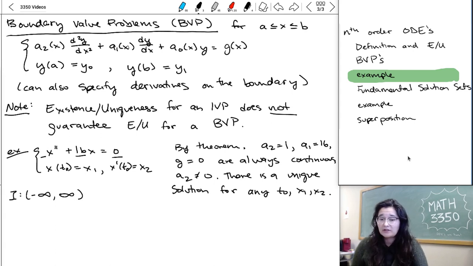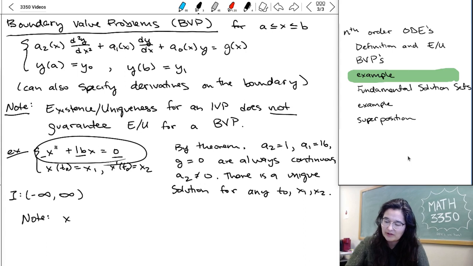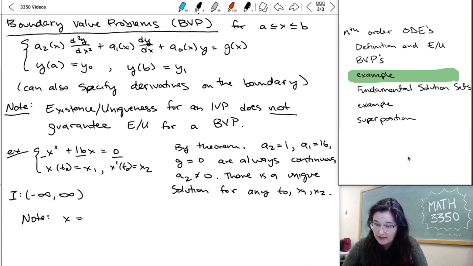But if we go ahead and change this just a little bit, we'll start to see that boundary value problems don't follow those same rules. And I just need to note real quick that the solution to this differential equation right here is going to be x equal to c1 cosine of 4t plus c2 sine of 4t.